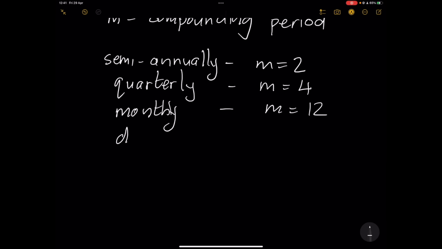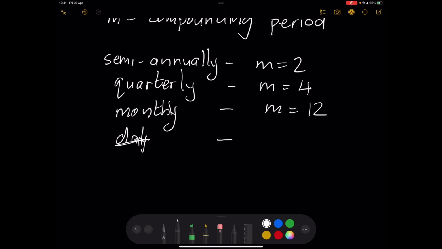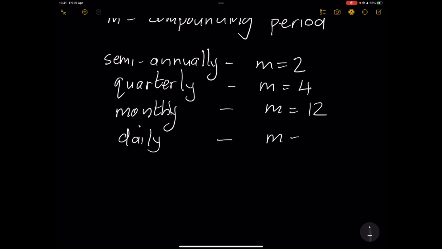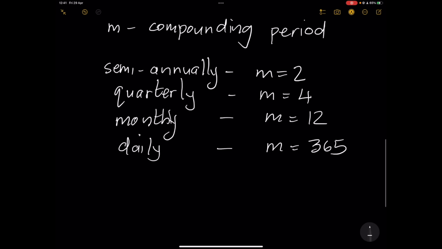And of course, we can also have weekly, which is 52 weeks in a year, or daily, which in that case m would be equal to 365. Of course, we are considering just a normal year, but in a leap year, that would be 366. So just keep that in mind, right?